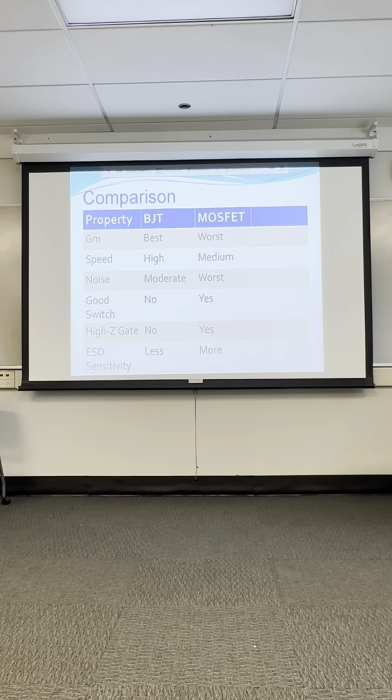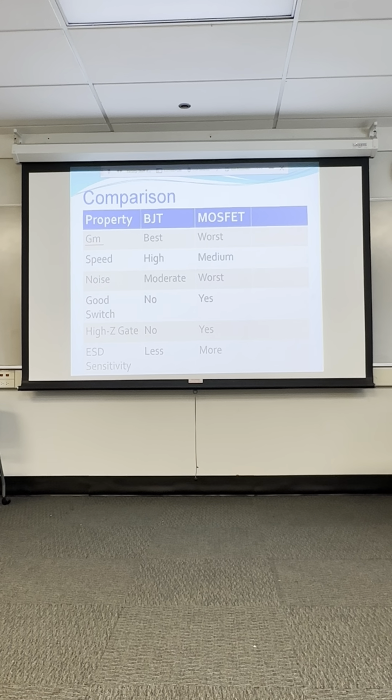So, comparative gm of a BJT. What does gm provide in a BJT? What's the purpose of g sub m in a BJT?